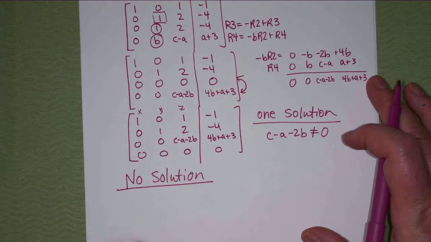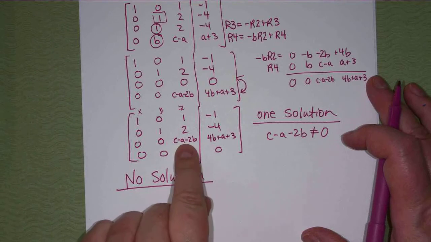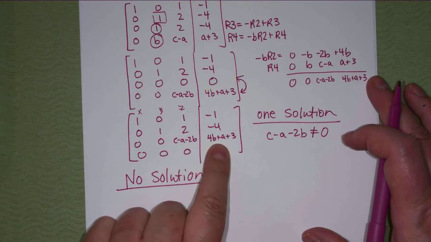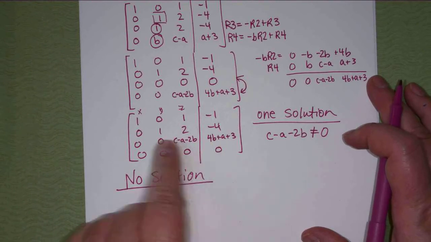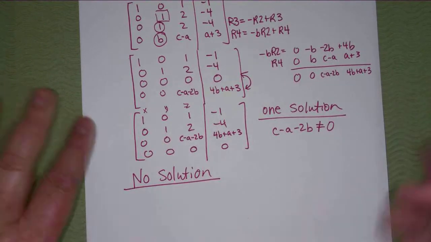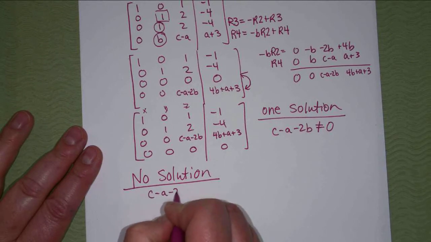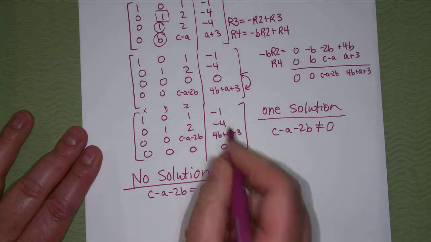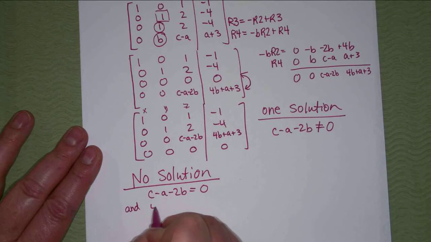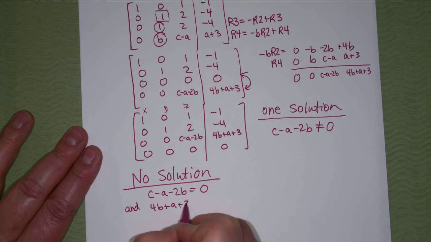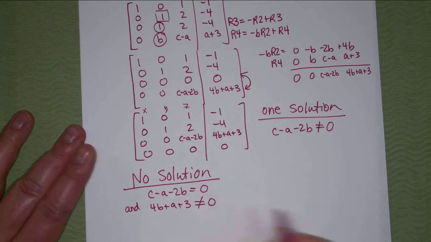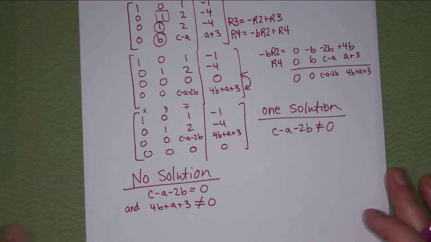No, not both 0, but for no solution, this would have to be 0, and that would have to not be a 0. Right, so for no solution you need zeros and then a number. So there would be two conditions. You would say, okay, for no solution, C minus A minus 2B would have to equal 0, and 4B plus A plus 3 would have to be not 0, any other number, because then we would have zeros and then a number.